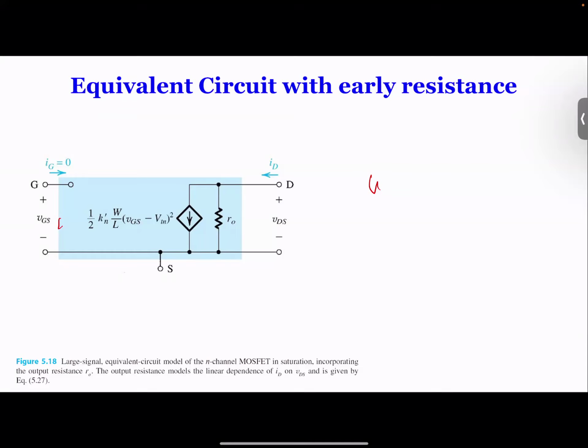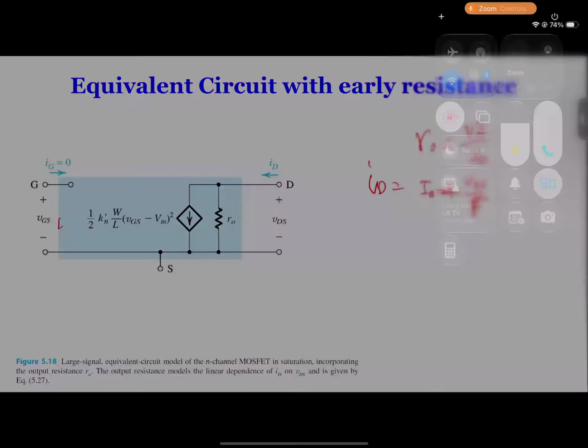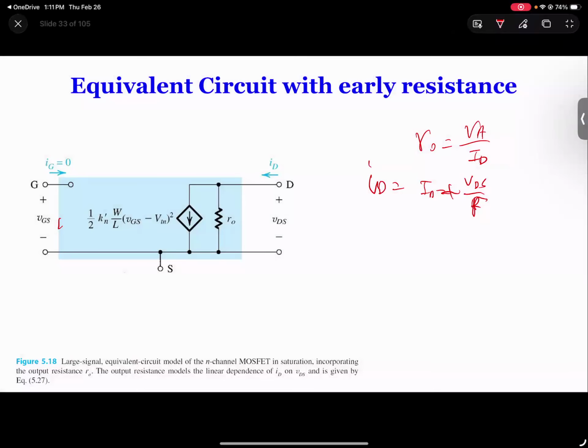So we can write down here: RO equal to VA over ID, right? And then your ID equal to ID plus VDS over RO. And ID can be written as 1/2 K_n prime W over L times (VGS minus VT) squared.